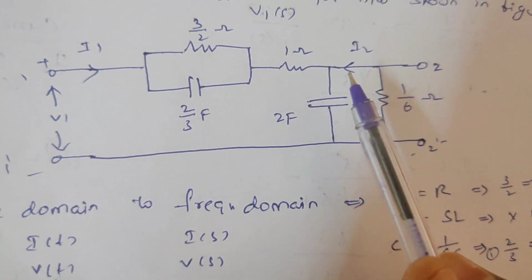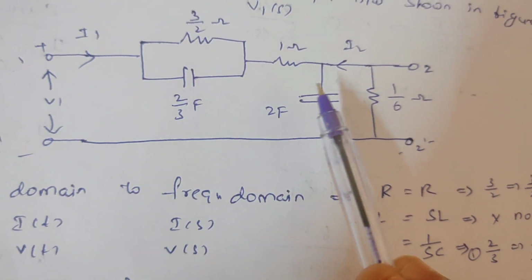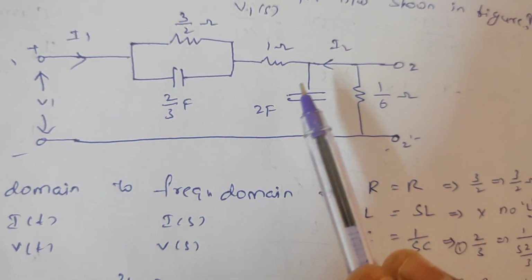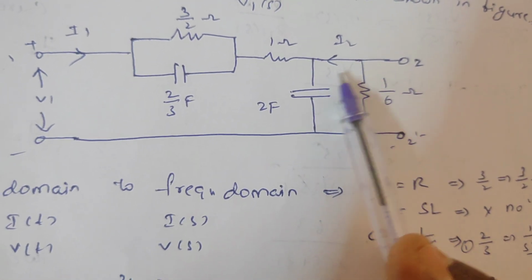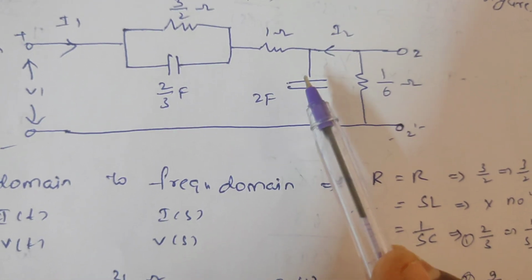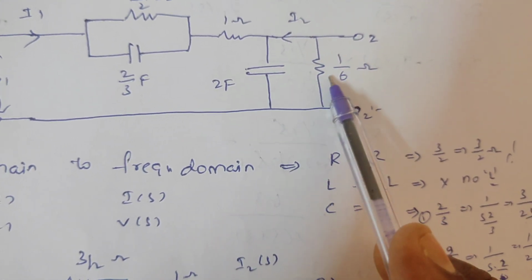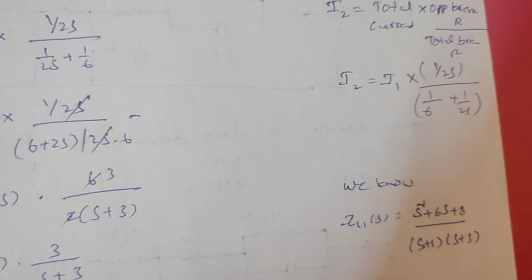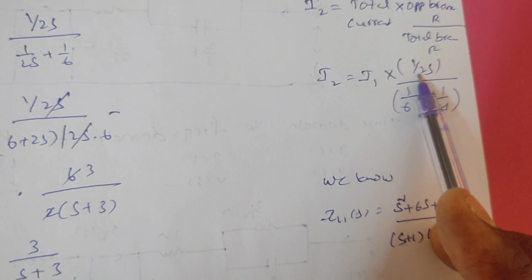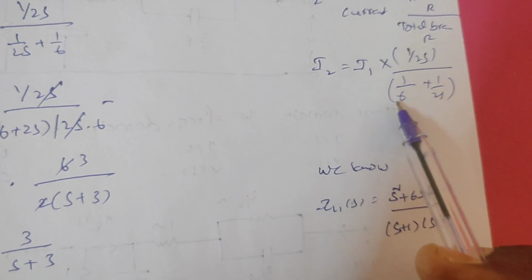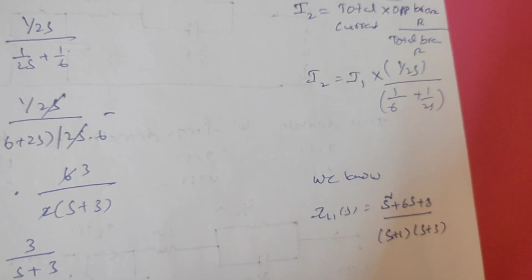I2 is in this direction, I1 is coming in the opposite way, so the total current is minus I1, again into the opposite branch resistor. The opposite branch resistor is 1 by 2s, which is in parallel with the 1 by 6 value. Therefore I2 is equal to minus of I1 into 1 by 2s, and the total is 1 by 6 plus 1 by 2s.